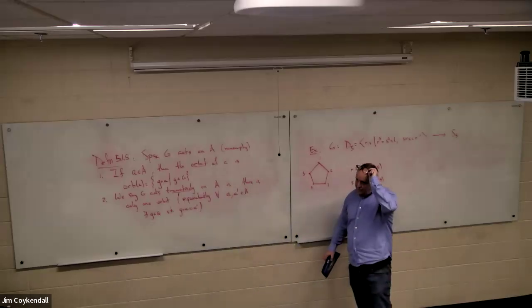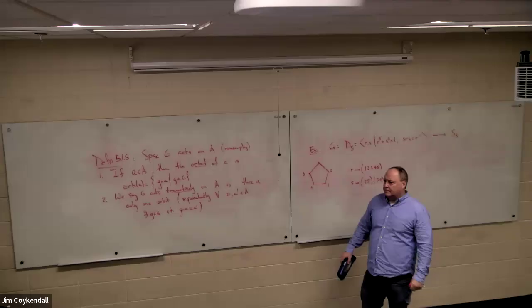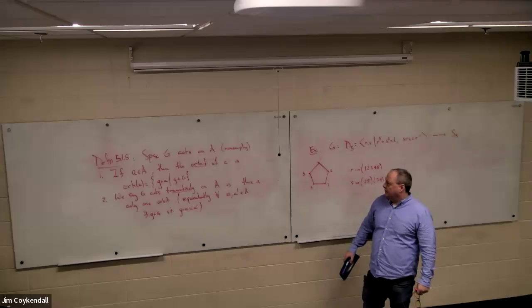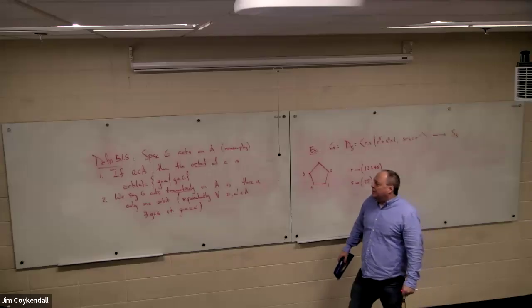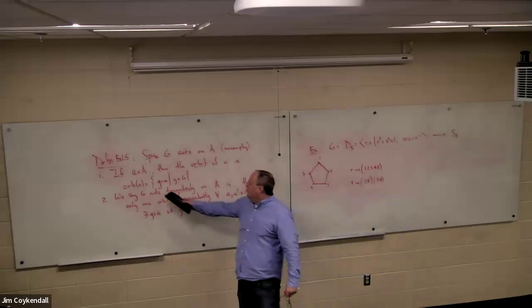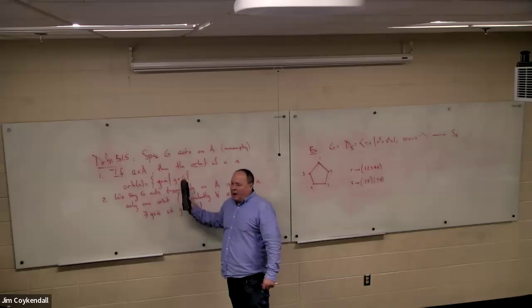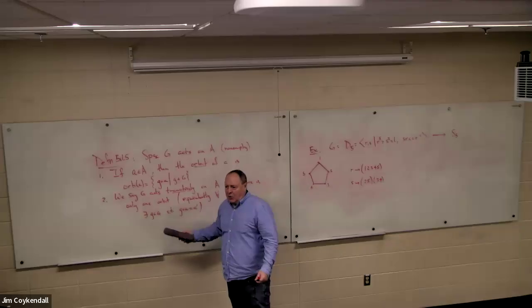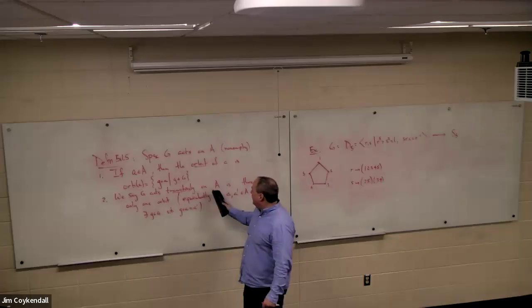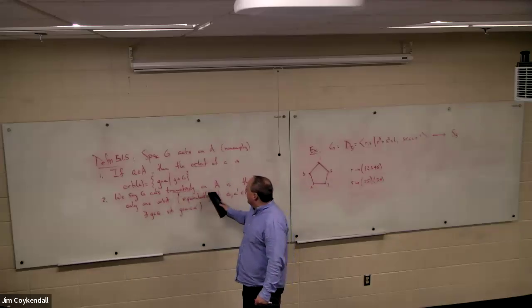Yes. The image of the orbit, are those similar? Sort of, right? Because remember, this is an action. Your input is something in G, something in A, and you get something in A. The problem is A itself is not a group, but we can sort of count this.